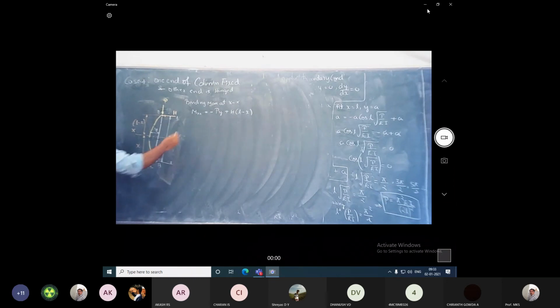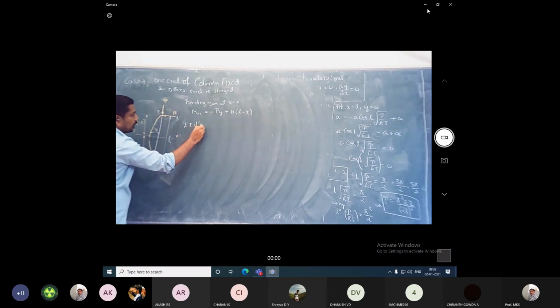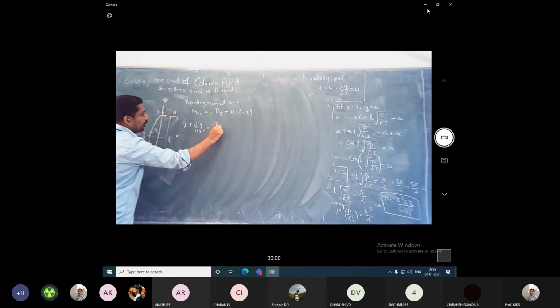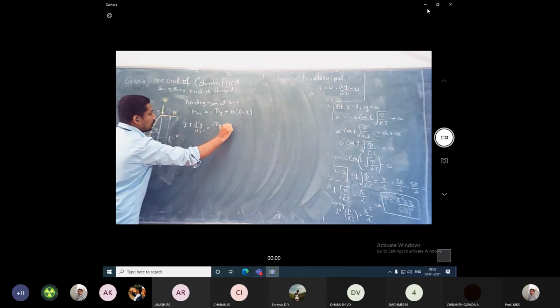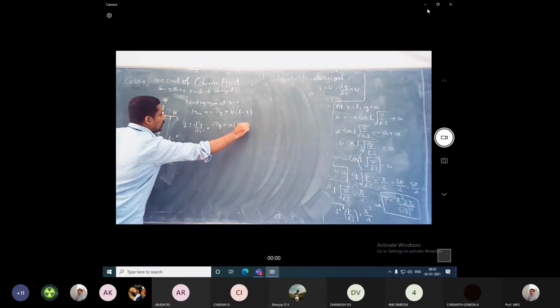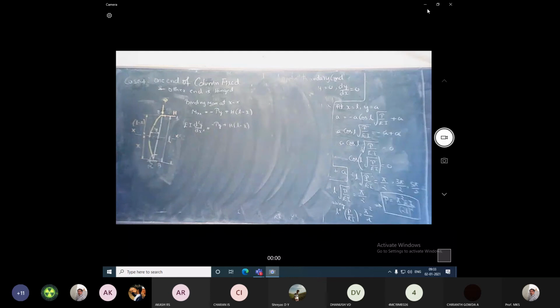We know that the moment at any section X is EI d²y/dx² equal to minus P y plus H into L minus x. So just cross multiply all the terms.